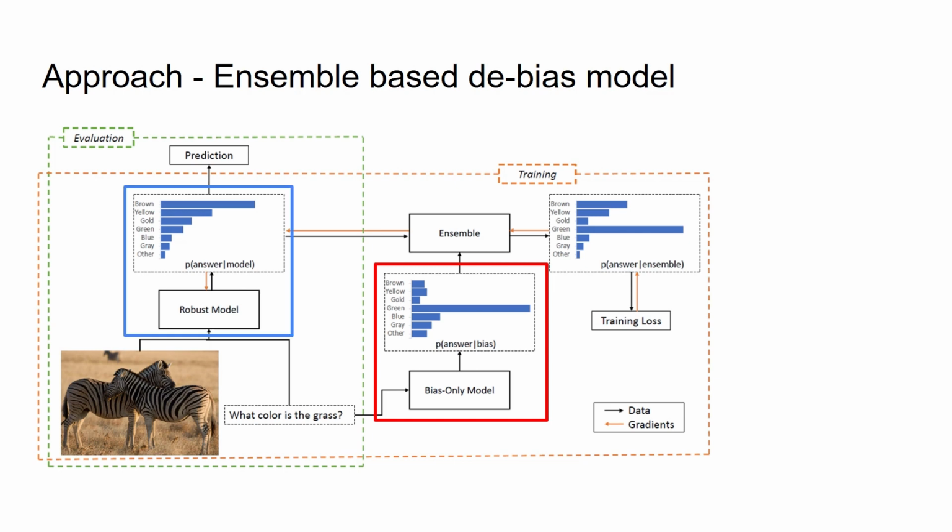Then we use an additional model called a robust model that avoids using the methods used by the bias-only model. We get a prediction by ensembling these two models, calculate the gradient, and train only the robust model. As we can observe in the example, ensembling these two models guides the robust model and it successfully comes out with the result: grass is brown.